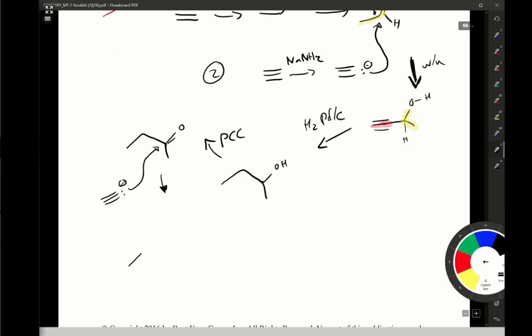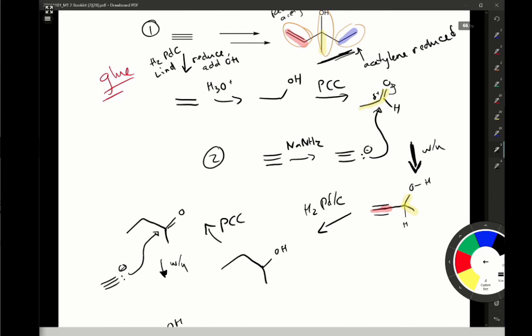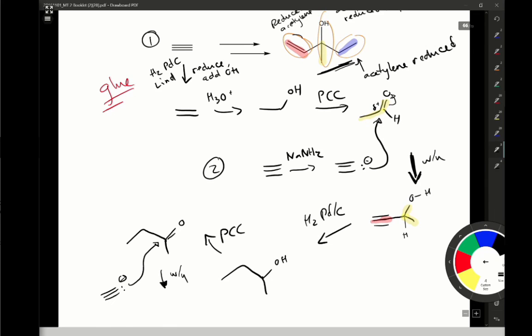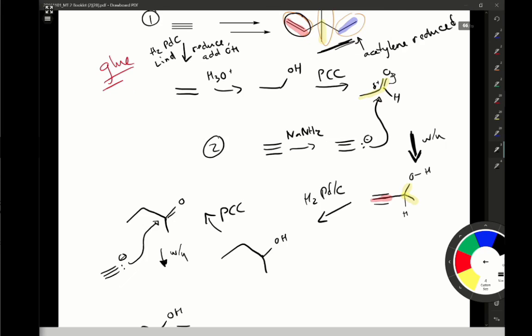Right? So what's the next step? Once we formed this guy, we need to do one final reduction. Remember up here, we have this trans alkene.